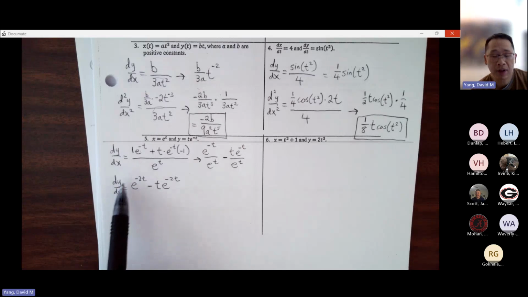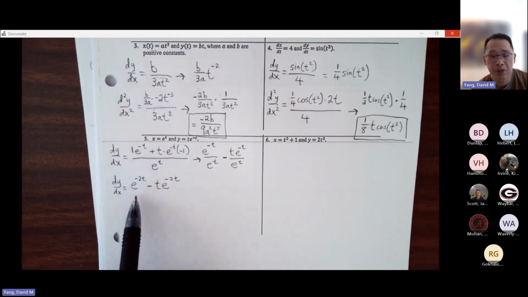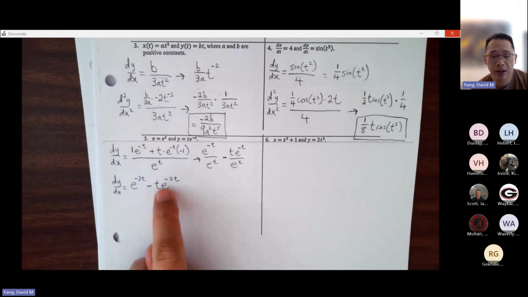To find the second derivative, I'll just find the derivative of my y prime divided by dx dt. So to find the derivative of this, I've got to go through another product rule there.